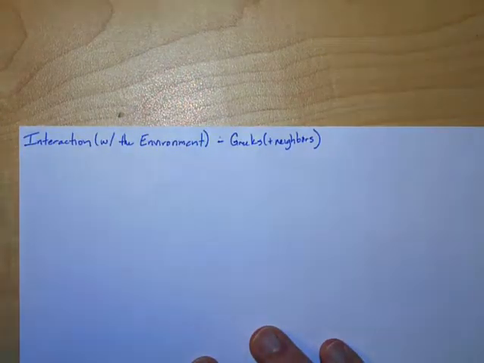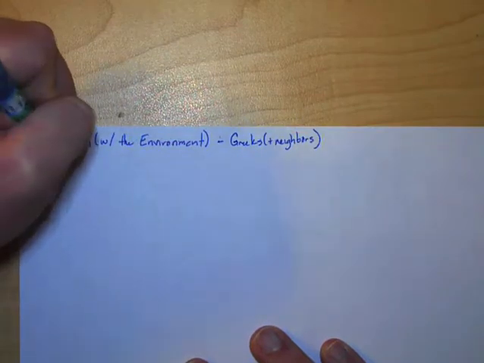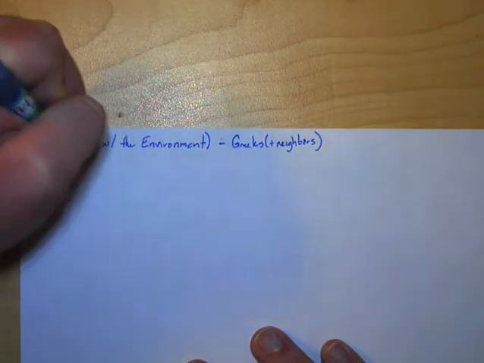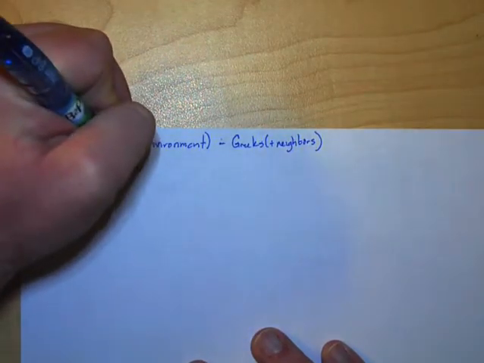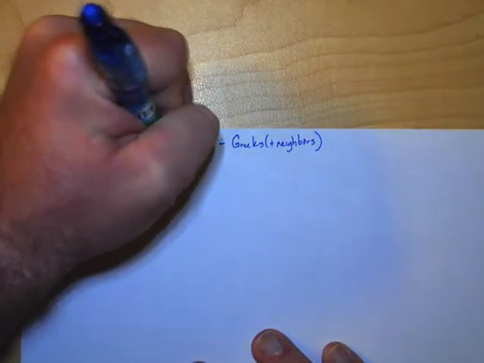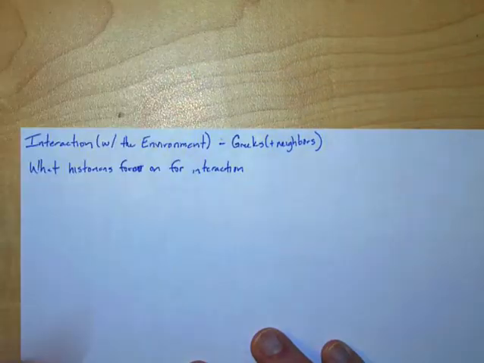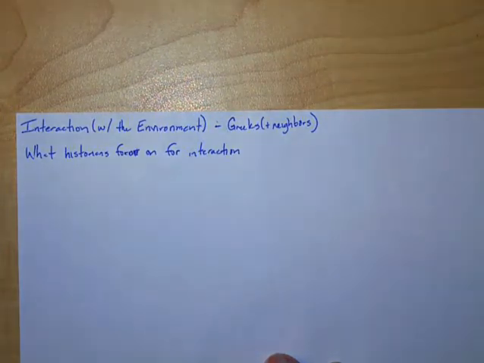Let's look at what historians focus on for interaction. And what we're going to see is that when we look at interaction, we're looking at a lot of stuff that's going to overlap with other themes.